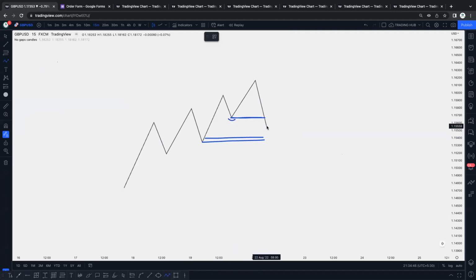You have to follow the 1 minute structure, or lower time frame structure, and then wait for the CHoCH. This can look like this one, I'm going to show you exactly.